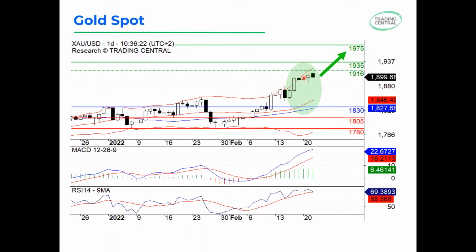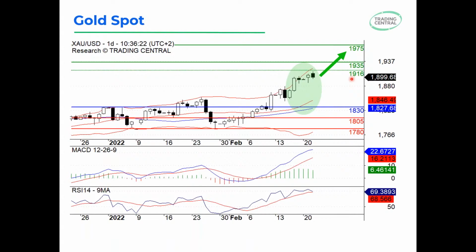This is the upper Bollinger Band, and this is the lower Bollinger Band. According to theory, 95% of the time we see the price trading between the upper and lower Bollinger Bands. Now we are pressing the upper Bollinger Band here.